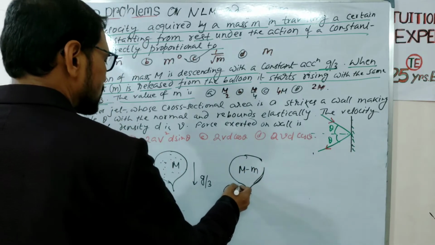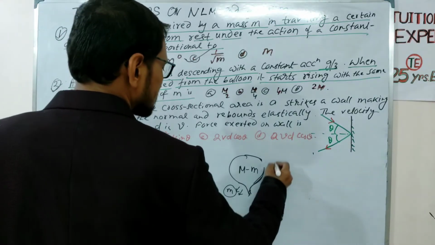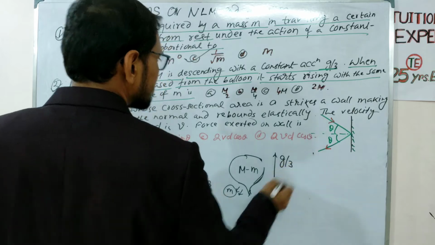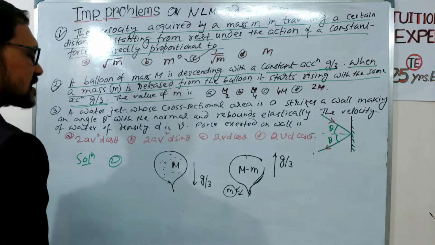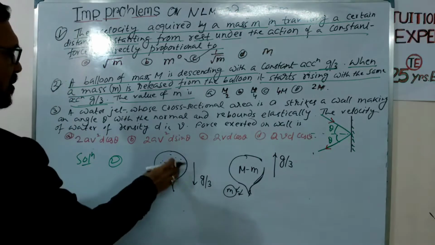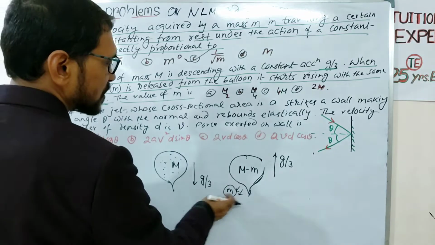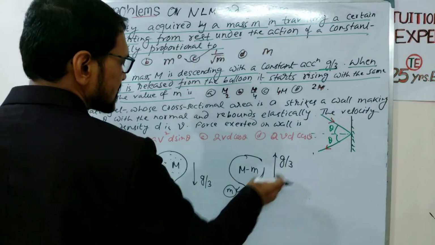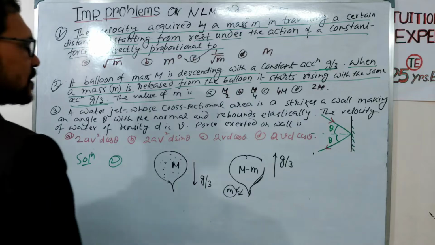Now it accelerates upward, the balloon starts rising with the same acceleration. So first, due to heavy mass, it descends with this acceleration. Now if m mass is dropped from the balloon, it rises with this acceleration. So the question is, what is the value of m?